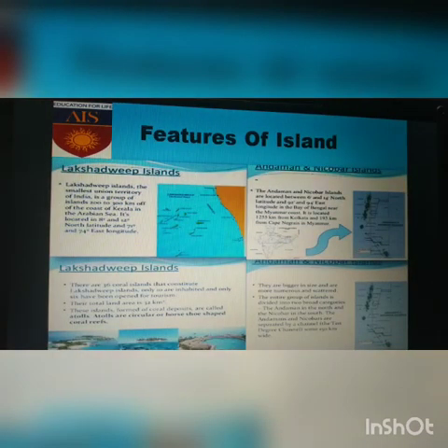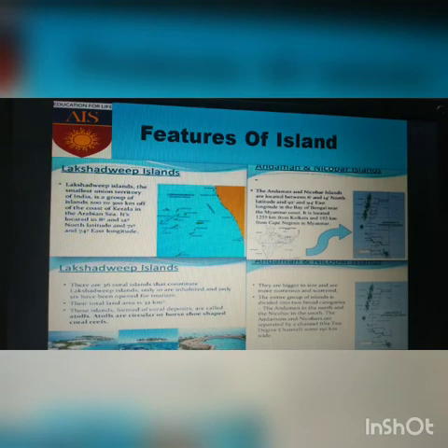Let us see the features that both the islands have. Lakshadweep, the smallest union territory of India, is a group of islands about 200 to 300 km off the coast of Kerala in the Arabian Sea. It is located between 8 degrees to 12 degrees north latitude and 71 degrees to 74 degrees east longitude.